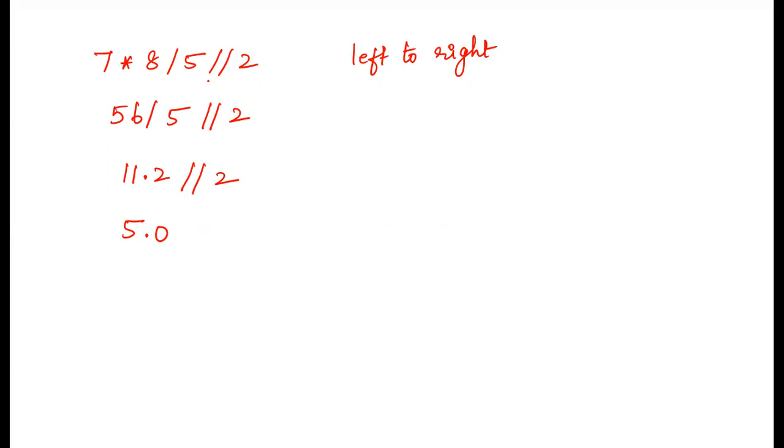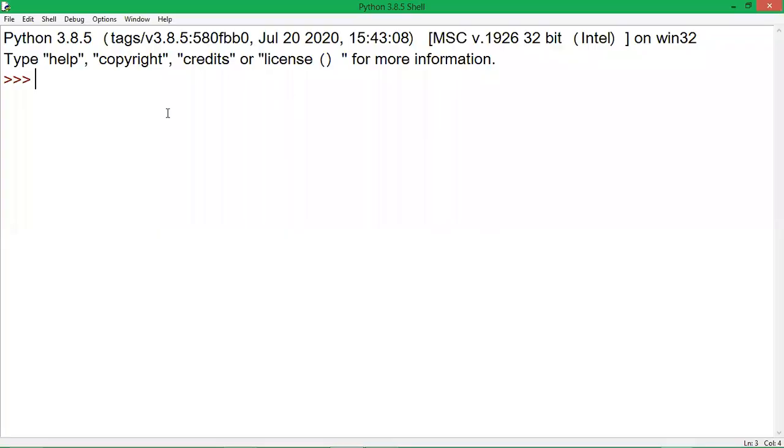If all the operators have the same precedence, you have to evaluate from left to right. Let us check whether we are getting the same result. 7 into 8 slash 5 and floor division 2. So we are getting the result as 5.0.